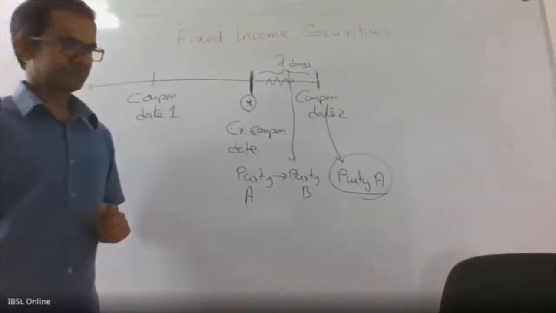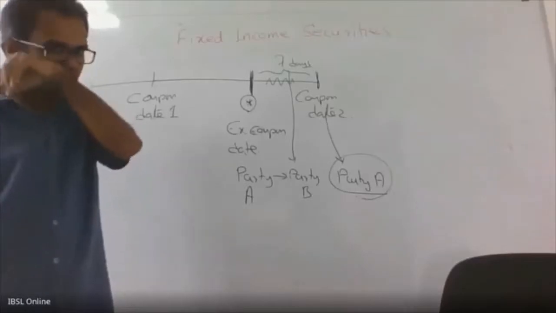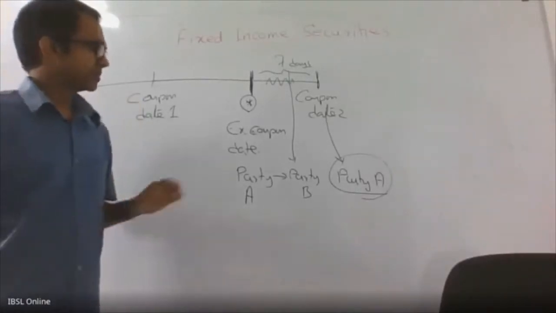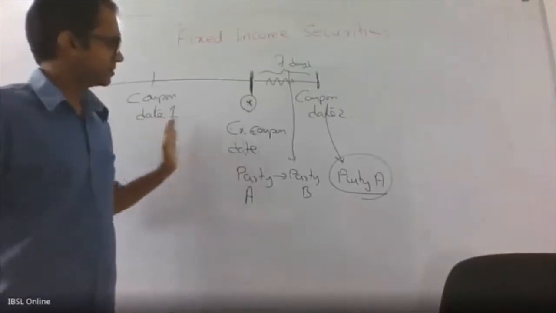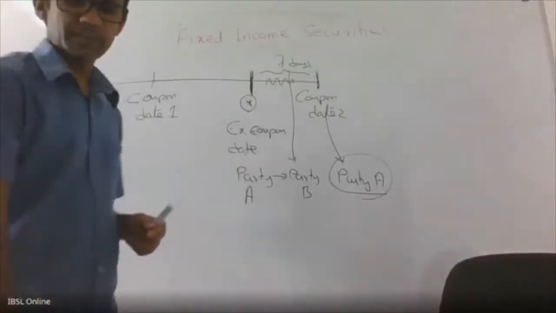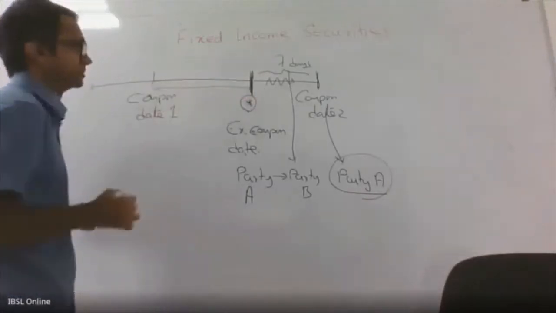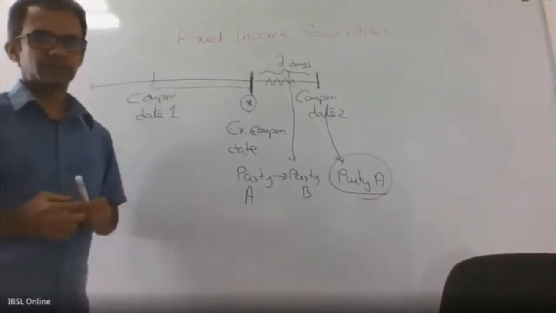what do you do? Again, you have to do the adjustment, because party A has the claim only up to this interest income.